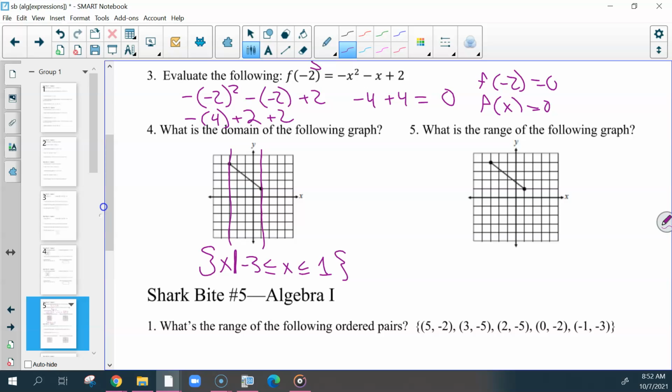Number 5 also has endpoints, so this should look very similar, except with y. One to 4, lowest to highest. Questions on either of those?